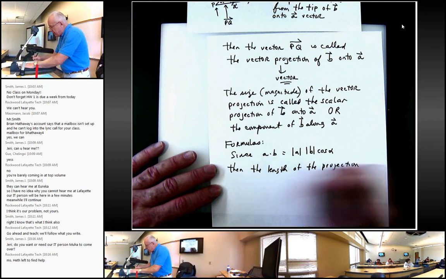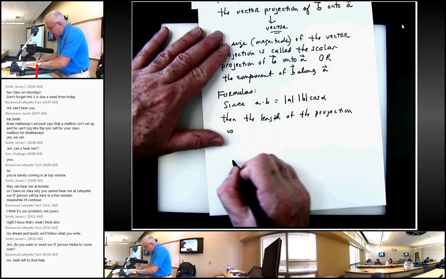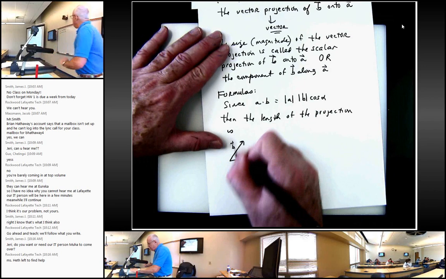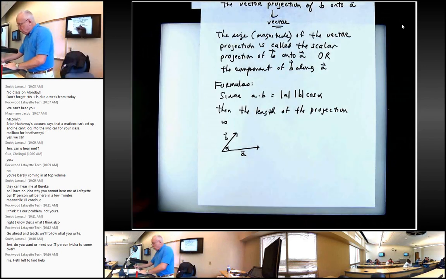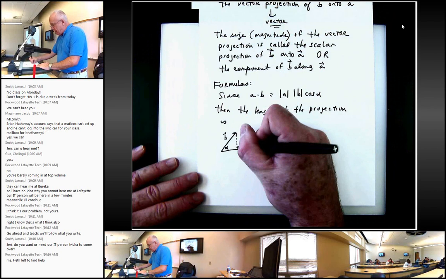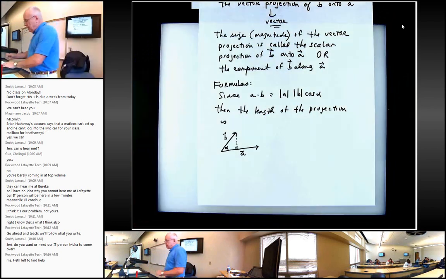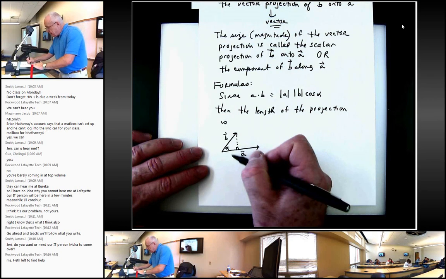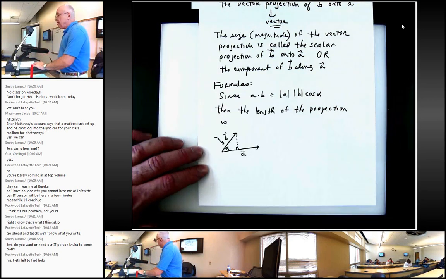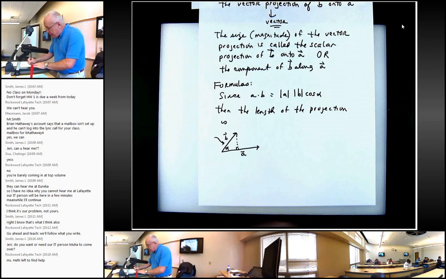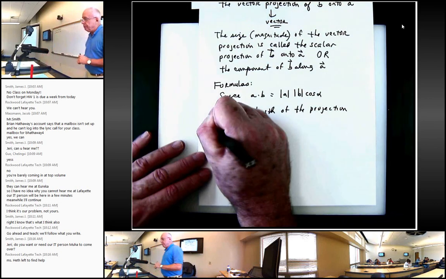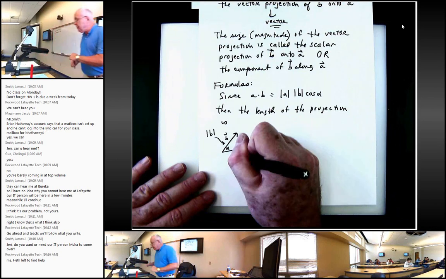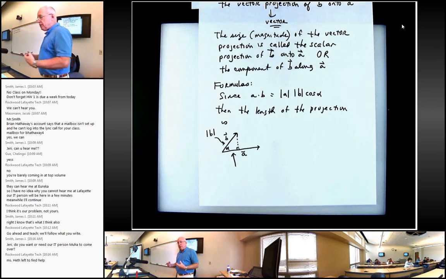Well, let me draw this diagram again. Here we have A, here we have B, and here we have an angle between them. We're dropping down from the tip of B 90 degrees onto A. Now, this is a 90-degree triangle. This is the hypotenuse right here, and its length is the magnitude of B. So what is the length of that shadow down there?